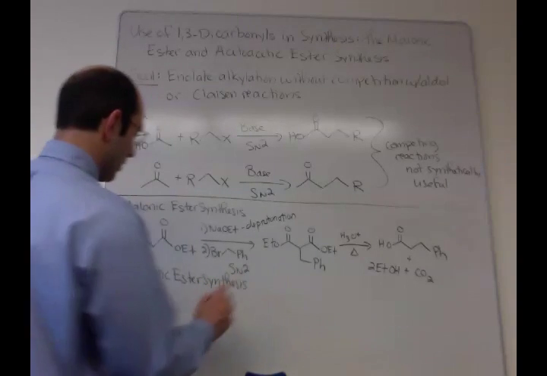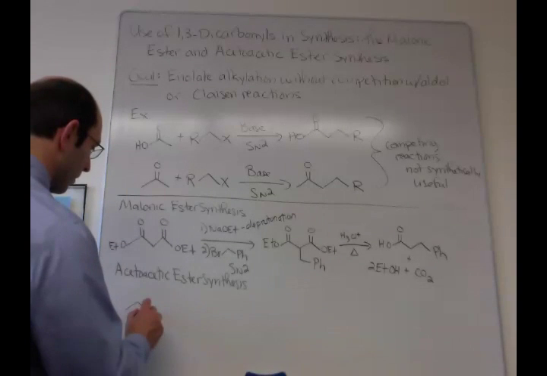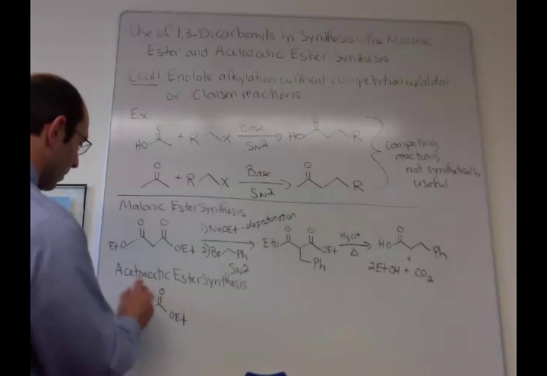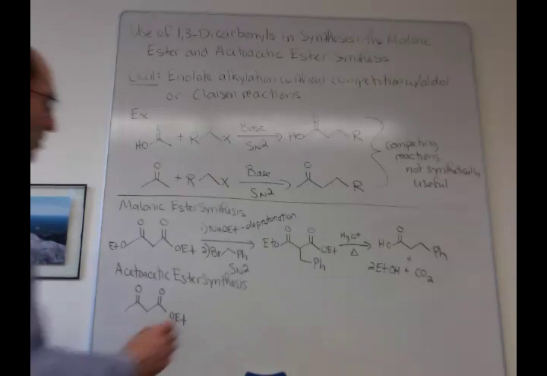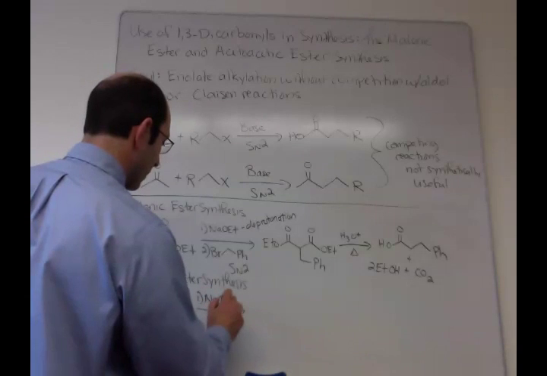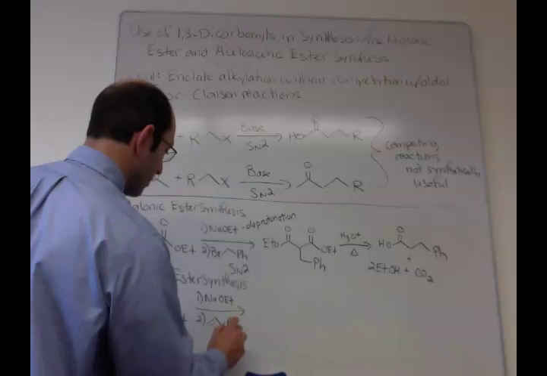It's just that you don't have a diester, you have a ketoester. So you start with a compound that looks like that. Do the same thing in terms of adding base, and then you can add whatever electrophile you want.